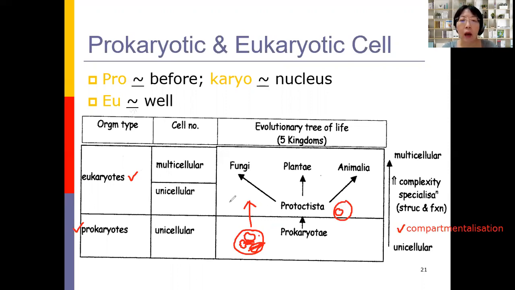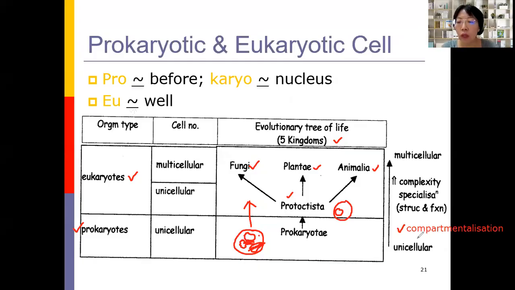So over here, we can see that Protoctista, fungi, plantae, and animalia are the kingdoms, right? The kingdoms which are made up of eukaryotes. So those eukaryotes are made of eukaryotic cells. So here I'm bringing you to see the process of evolution.